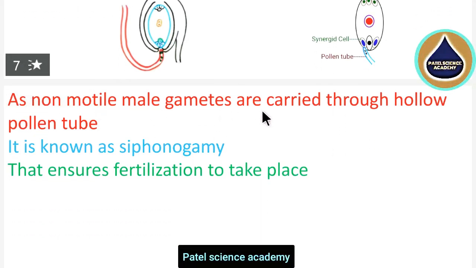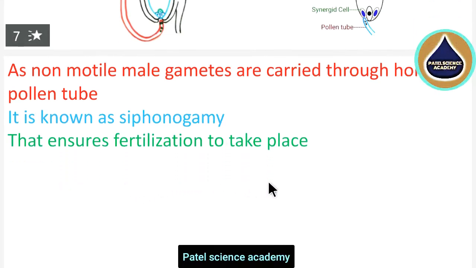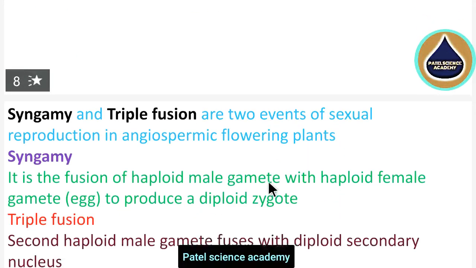As non-motile male gametes are carried through the hollow pollen tube, it is called siphonogamy. Siphonogamy means the process of carrying the male gamete through the hollow pollen tube, and that ensures fertilization will take place.